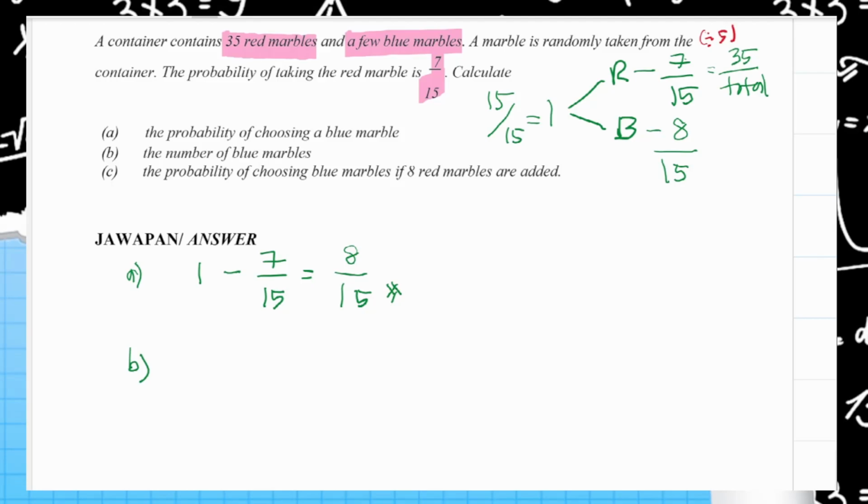So when you want to find the total number of blue, you have to reverse the action. Here divide, so here you have to times. So for your blue equal to 8 times 5, so equal to 40.